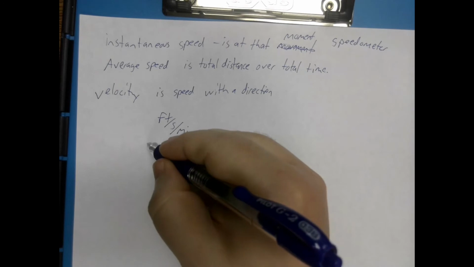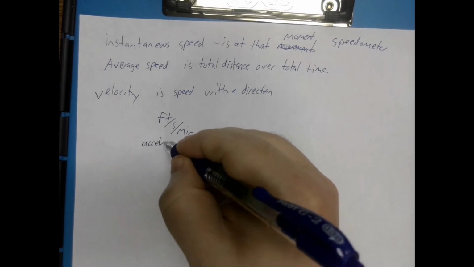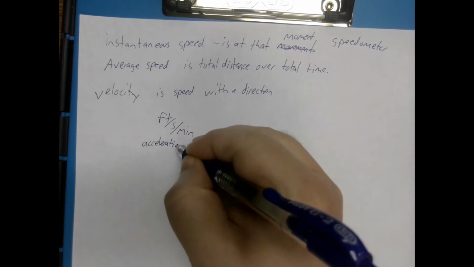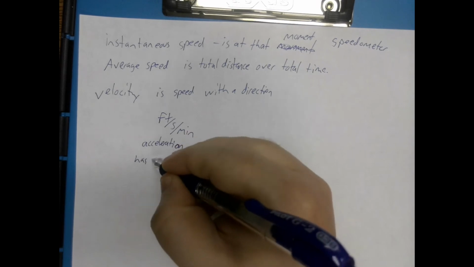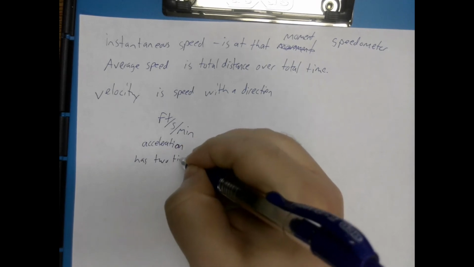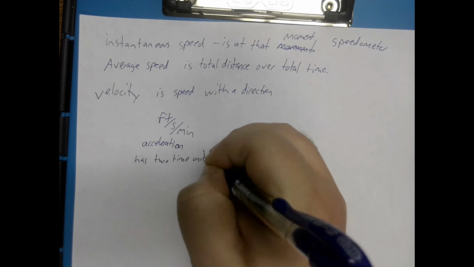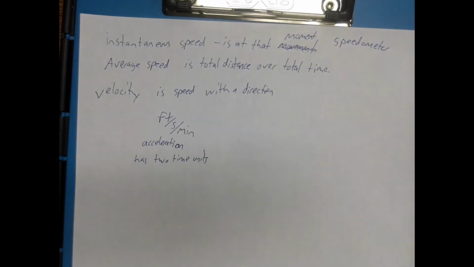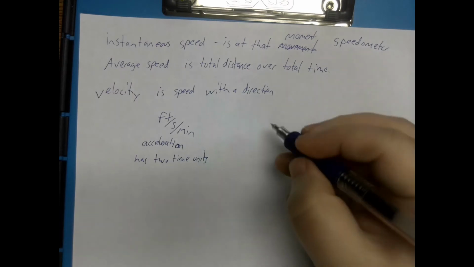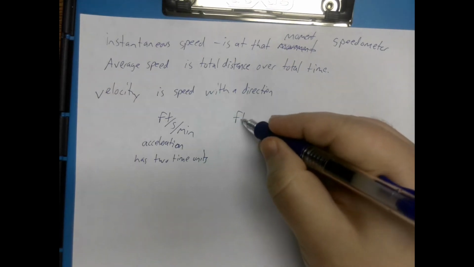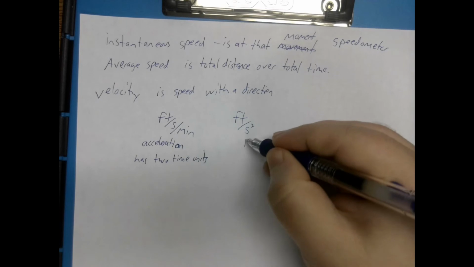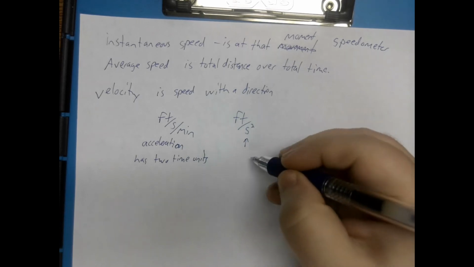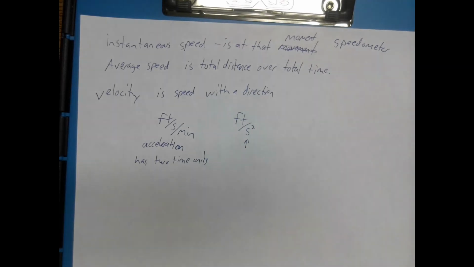This would be acceleration. Acceleration has two time units. So this has a seconds and a minute. Two measurements of time. You could also have feet per second squared. The second squared means there are 2 seconds units.